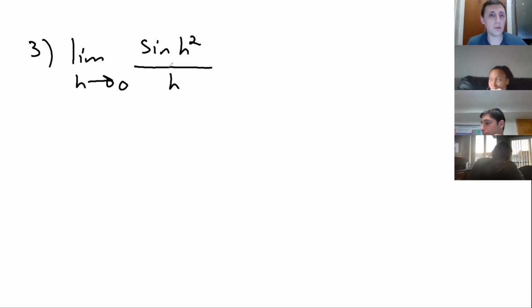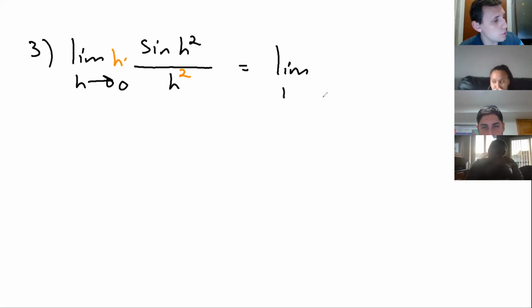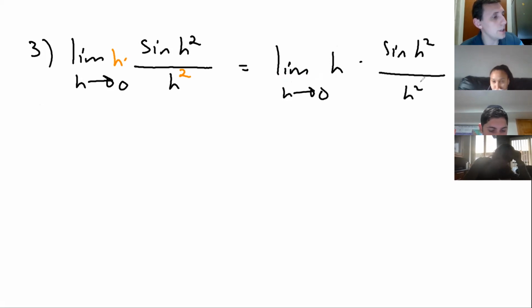Well, guys, think about it. It's not different than the previous exercise at all. What happens to the number squared? If the number goes to 0, what is the number squared doing? Also going to 0, correct? So what do I want to see here? I want to multiply by h, so I will square this and then put the h that I did the squaring with. And I get the limit as h goes to 0 of h times sine of h squared divided by h squared.